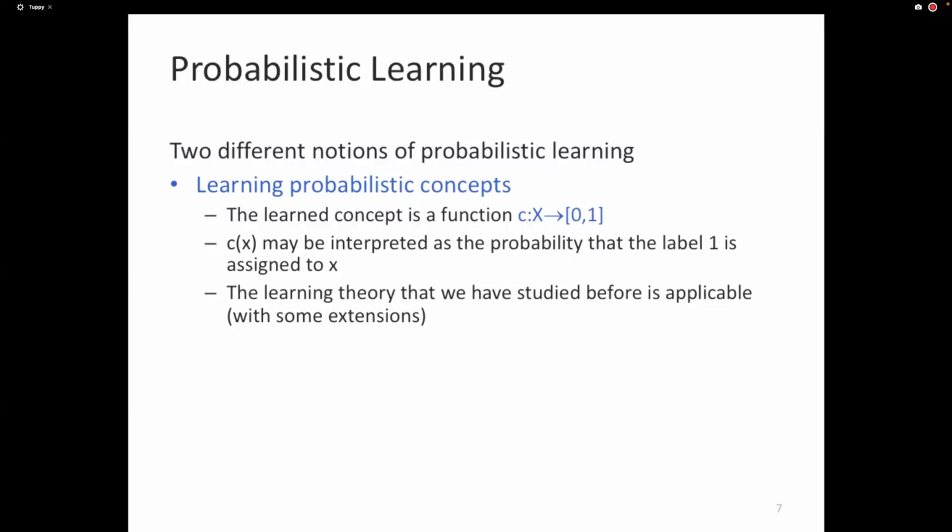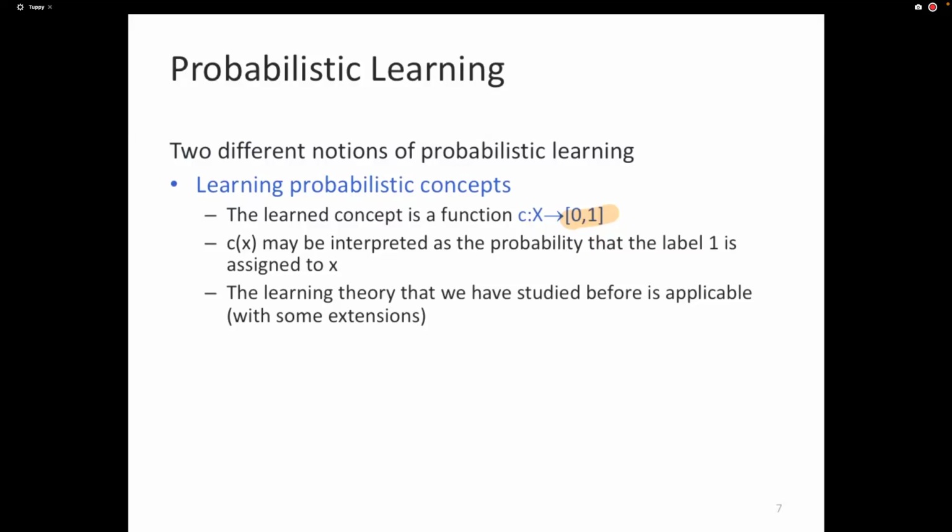It's a function that takes an input, and from the perspective of this learner, it needs to produce a function that takes the input and returns a number between 0 and 1 that is associated with the probability of some event. So, for example, f of x could be what's the probability that the label is +1, or what's the probability that it will rain tomorrow. So the concept that's being learned is not the actual predictor of the label, but a probability over the label.